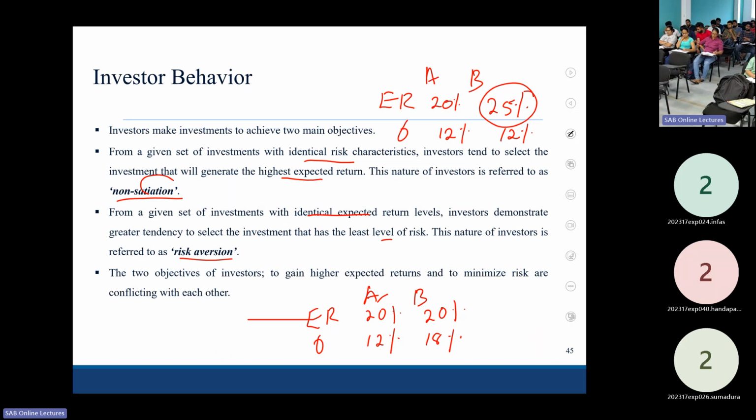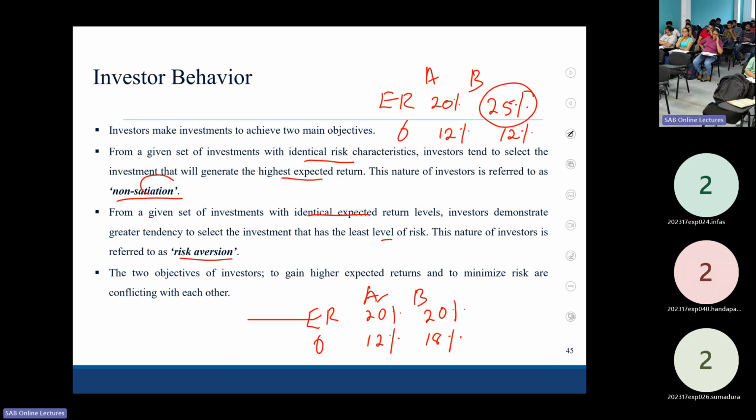But the problem is, you know that when you are maximizing return, risk also comes with the penalty. When you are minimizing risk, your return goes in line with the risk. So there is a contradiction.